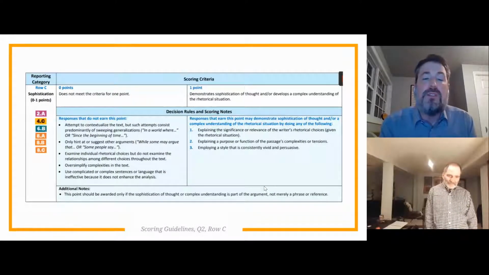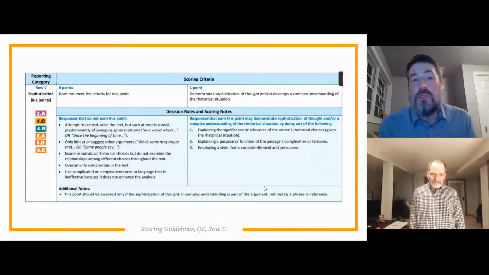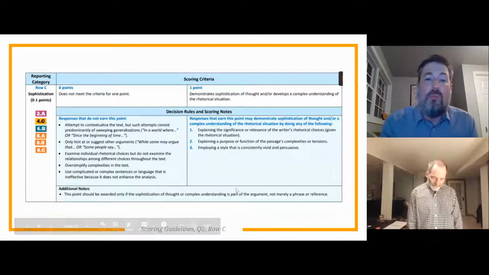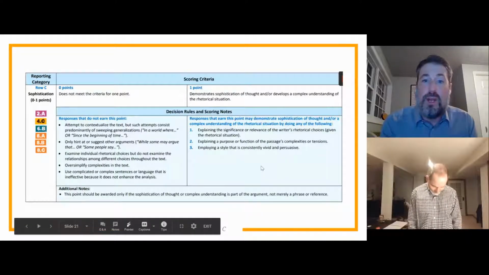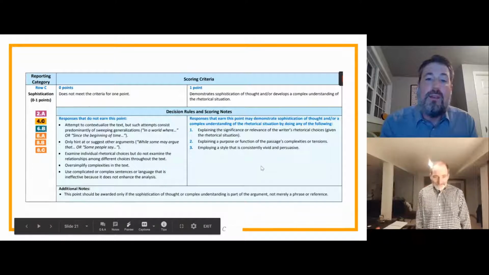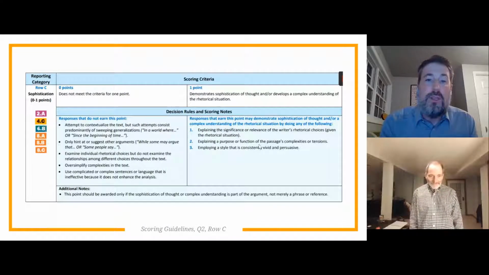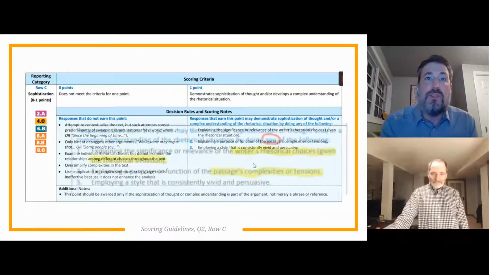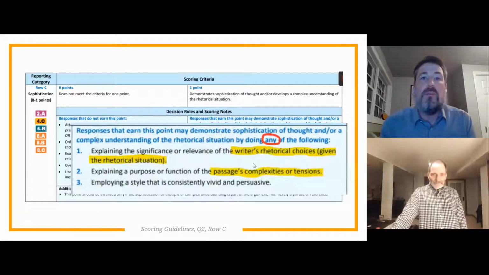And I was motivated to start using this language from the new updated scoring guides, where both in rhetorical analysis and in the argument, in the sophistication row, there's the explaining a purpose or function of the passage's complexities or tensions. So I'm always pushing my students to look for where are the tensions?